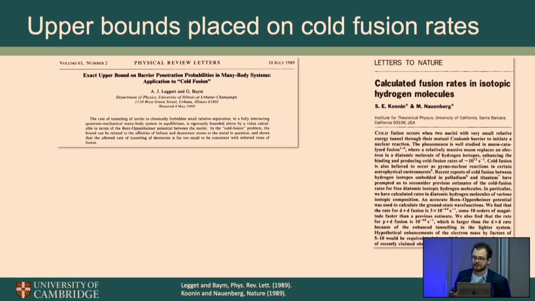So let's start in '89. There are two canonical papers, a Physical Review Letter by Leggett and Baym, and a letter to Nature by Koonin and Nauenberg, which calculate upper bounds on the cold nuclear fusion rates in metal hydrides or metal deuterides.